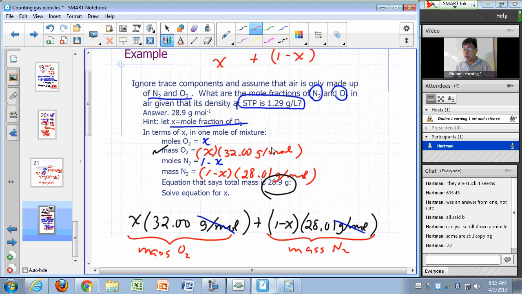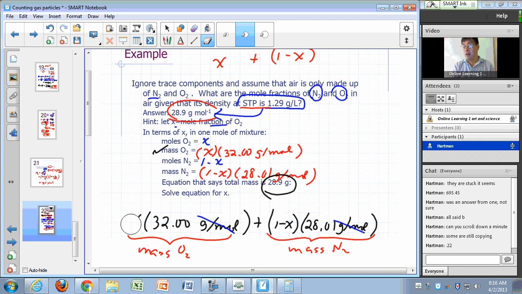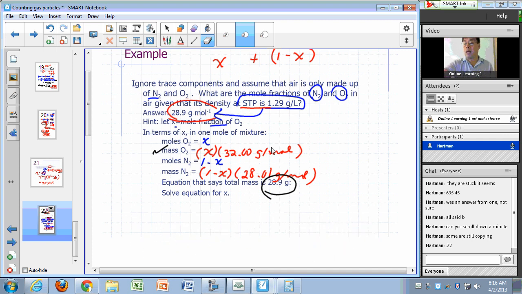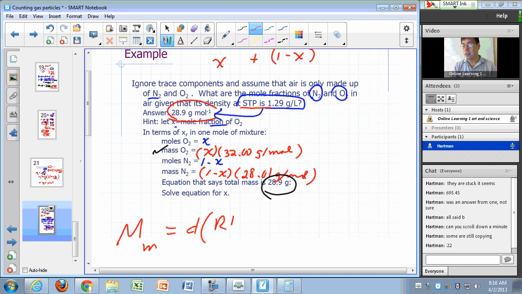How did I know that the molar mass is 28.9 actually? I think the given density is 1.29. How do I get from density to molar mass again? What you would have to do is say the molar mass, if you recall, is the density times RT over P, right?